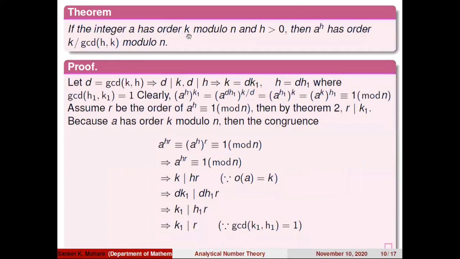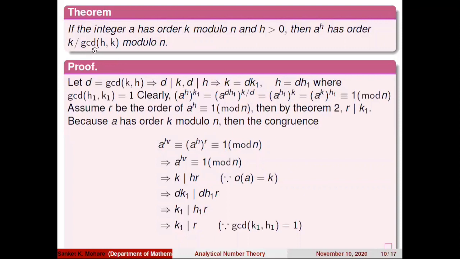If A has order k, then for h greater than 0, h a positive integer, the order of a to the power h is equal to k upon gcd of h comma k. So here the order of 2 is 12. Suppose I wish to find the order of 4. Order of 4 means 2 to the power 2, 2 square. So using this theorem, the order of 2 square is equal to k, the order of A, which is 12.